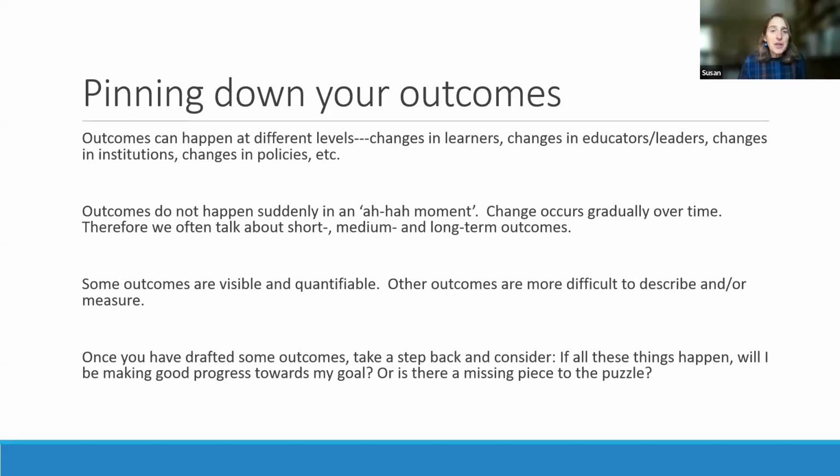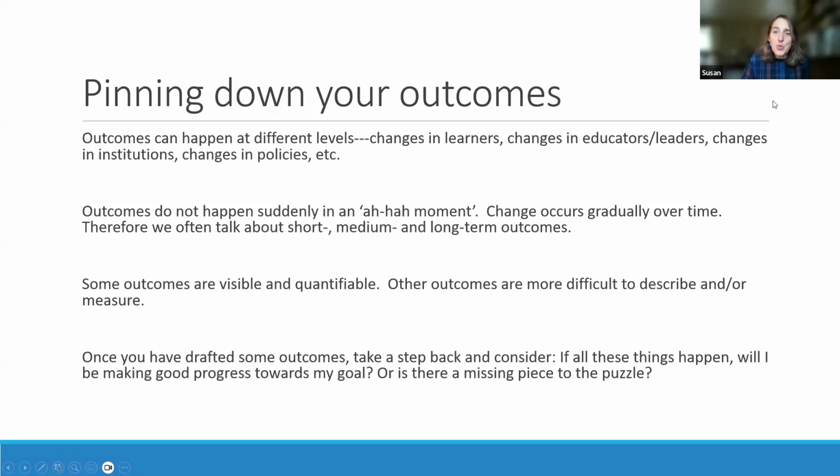And they also don't happen just suddenly. People aren't disempowered and suddenly become empowered. There's a small change that happens. And so that's why we talk about short, medium, and long-term outcomes. And I suppose a big question that you'll probably do in the results frameworks for improvers workshop is to think about what kind of outcomes are appropriate for a 1 to 3 year project.